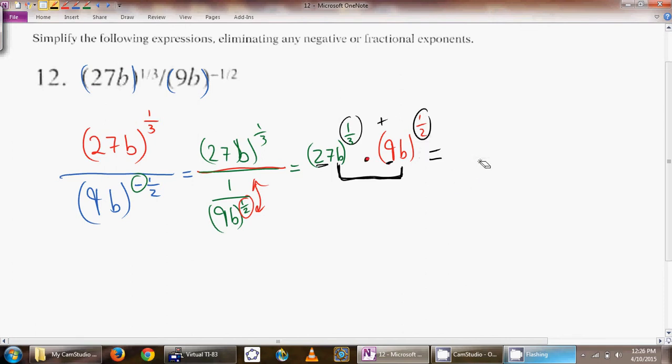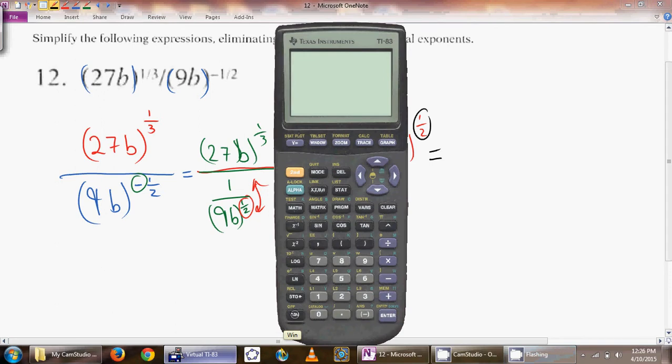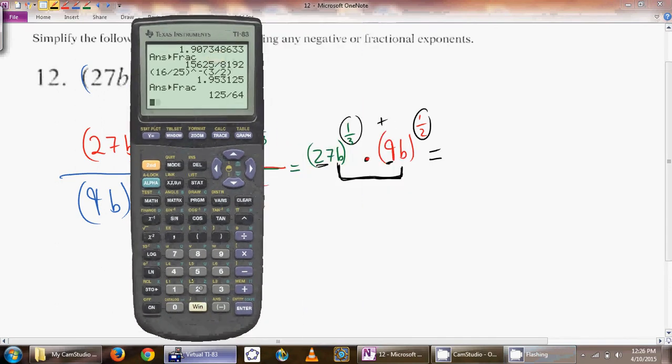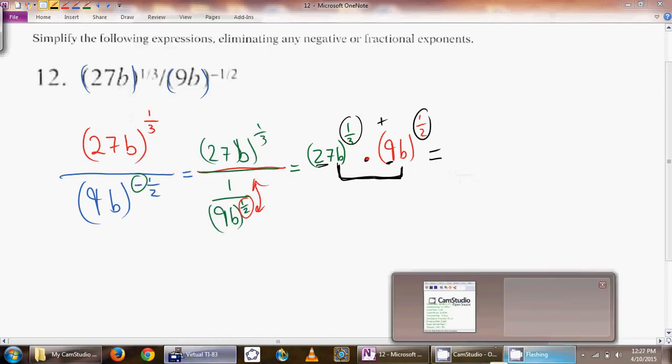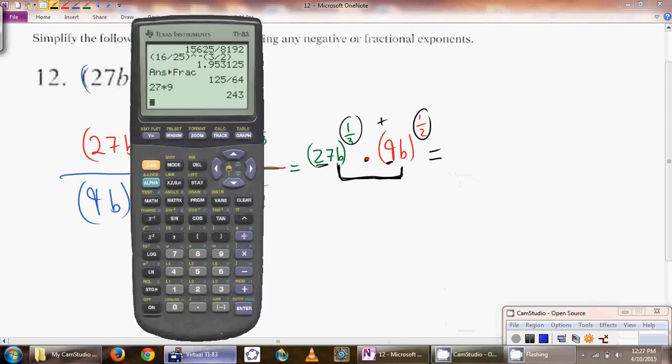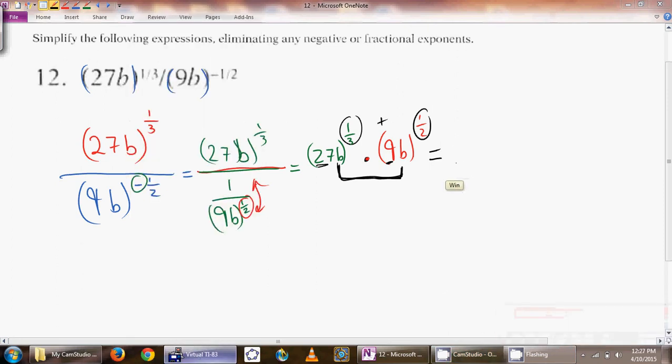If you really wanted to, this problem is the same as 27 times 9 to... same as, oh man, 243b, all raised to the 1/3 plus 1/2 power.